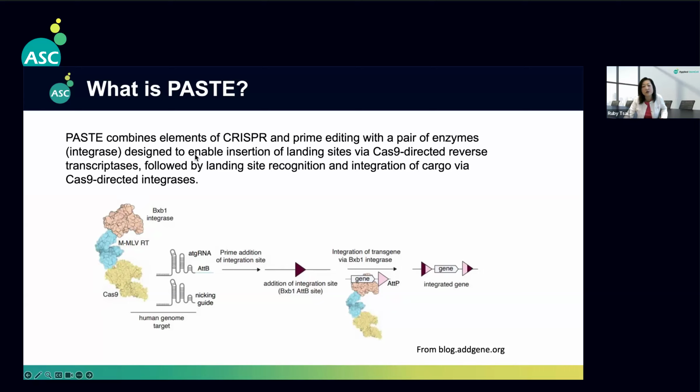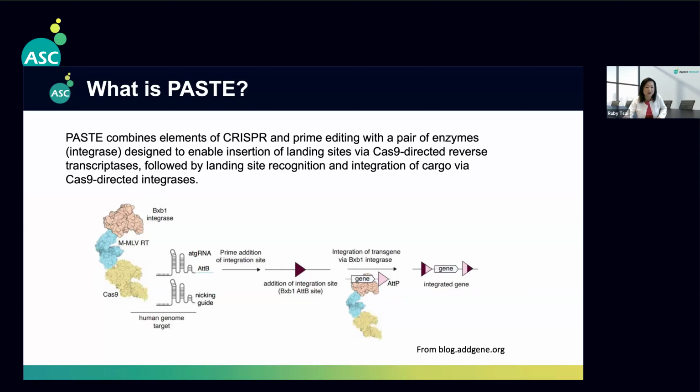And so PASTE basically uses prime editing to insert a landing pad, those attachment sites I just talked about, attP, and then followed by insertion of the DNA fragment using integrase. So basically, the system itself is pretty complex, like I said, and also requires a cell to perform these three steps in the right order.